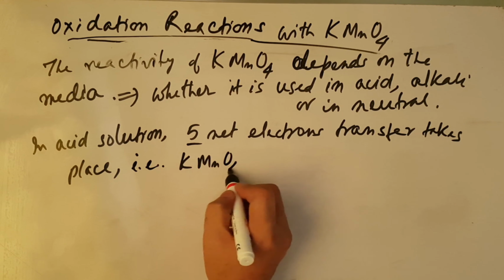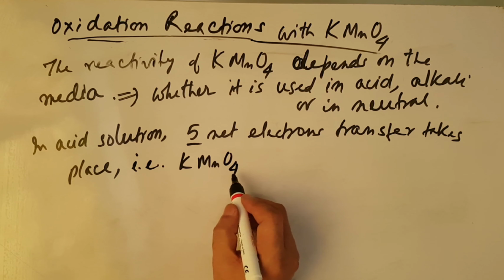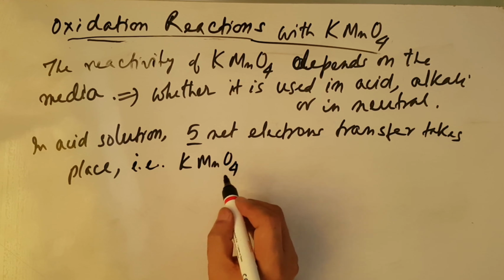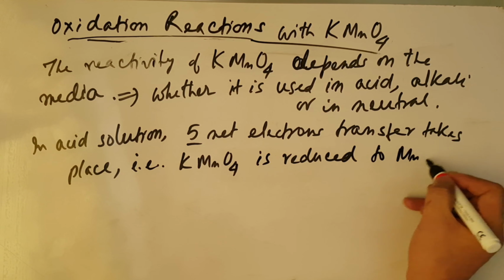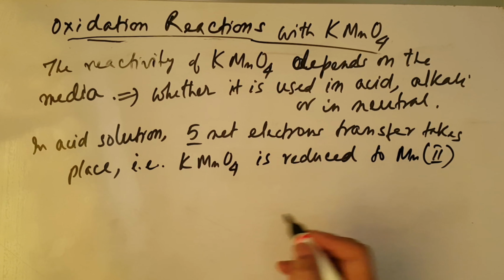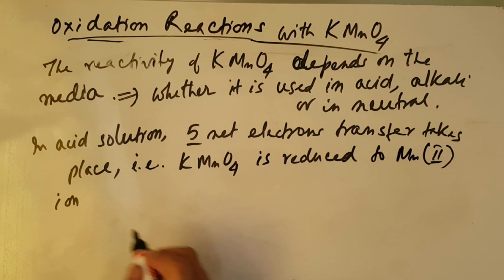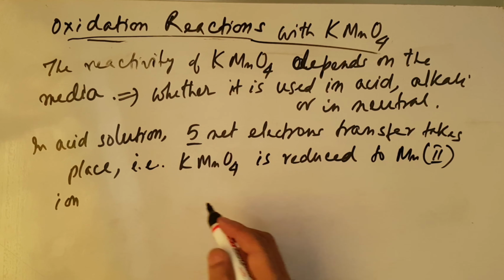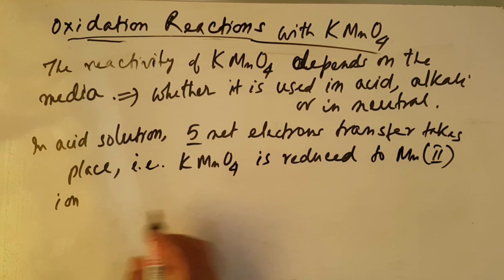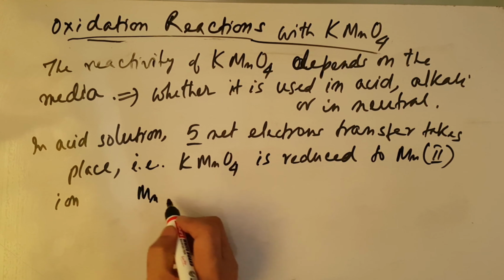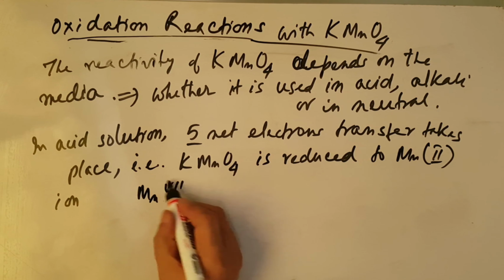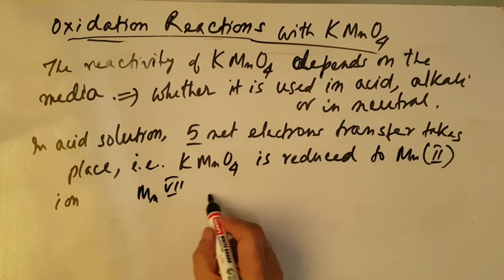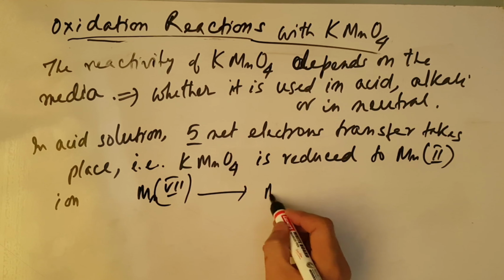Potassium permanganate, or Mn7, is reduced to Mn2+, manganese 2 ions, with the net transfer of 5 electrons. So in the acid medium we go from Mn 7 to Mn 2+.